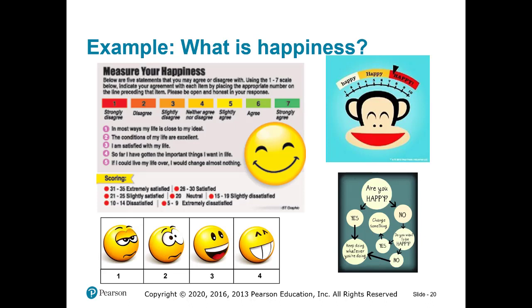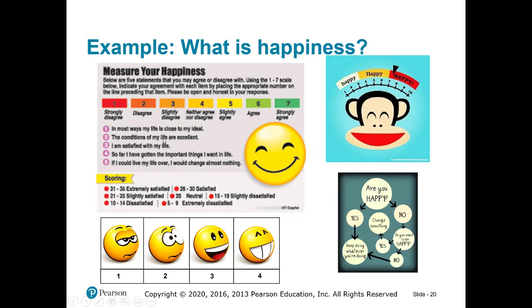Now, this is my example for validity. So we're trying to measure happiness, but how do you measure happiness? It is very difficult. It seems like a simple task. You can ask somebody if they're happy or not, but you might not actually get a truthful answer. You could maybe use a visual scale of happiness where you choose one of these faces, how does it respond to my emotion?